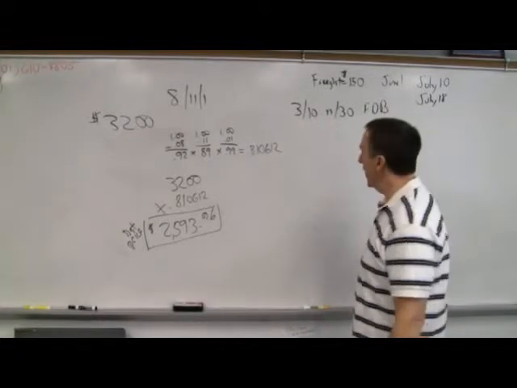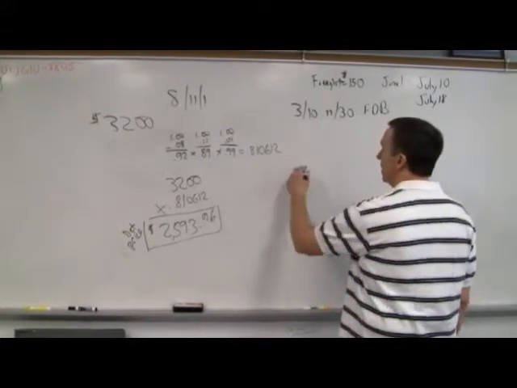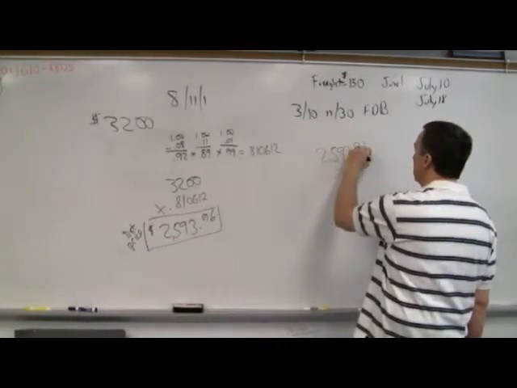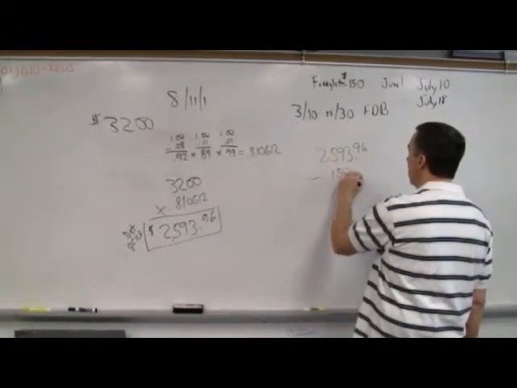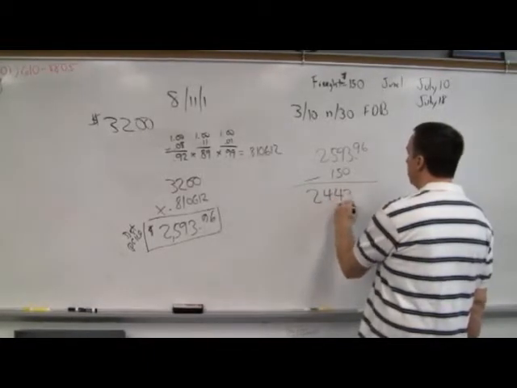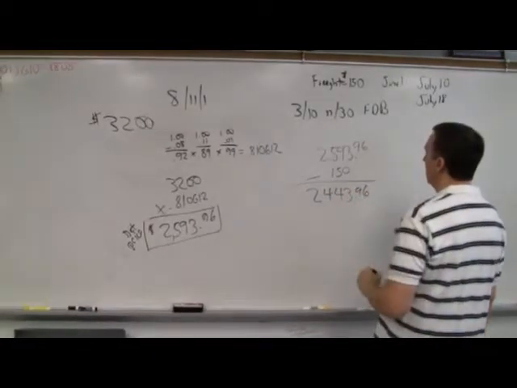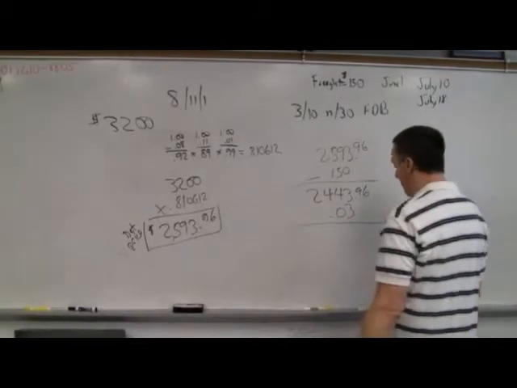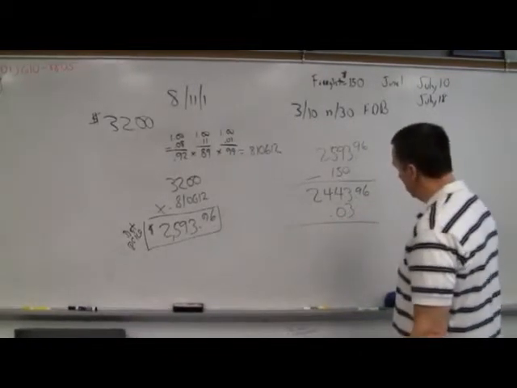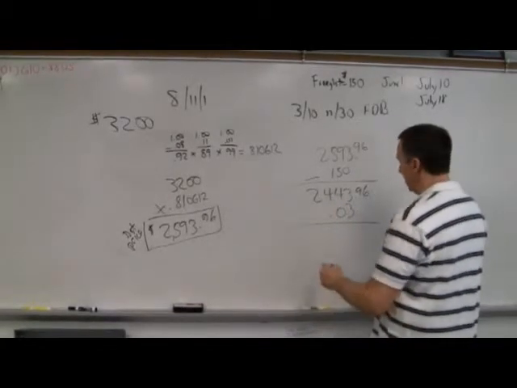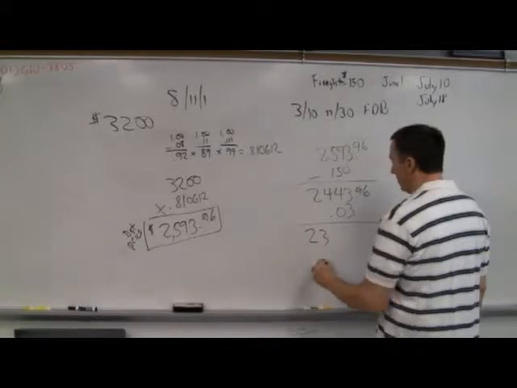So what we do is we take the $2,593.96 minus the $150 freight. That comes out to $2,443.96. Then we take a 3% discount because we get 3% on the amount of the guitars. What does that work out to be? That's about a $73 discount.